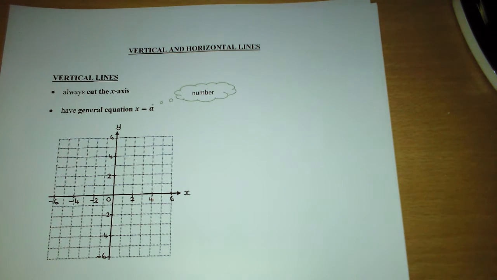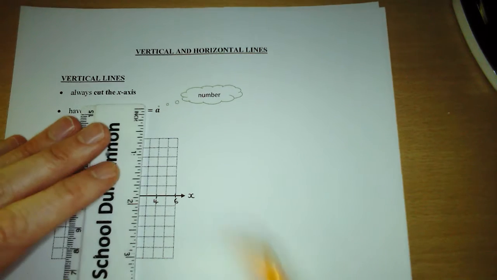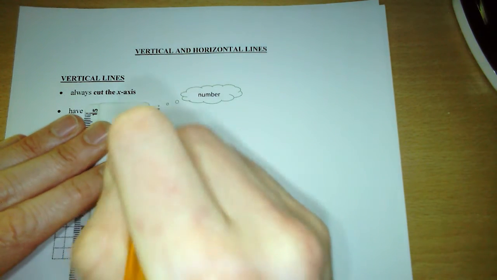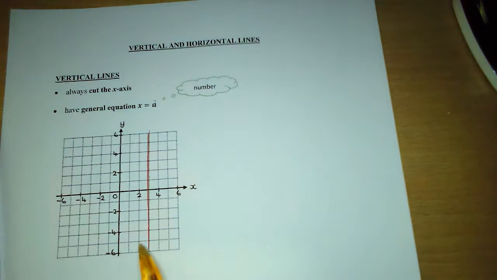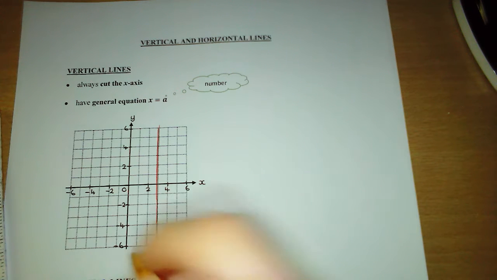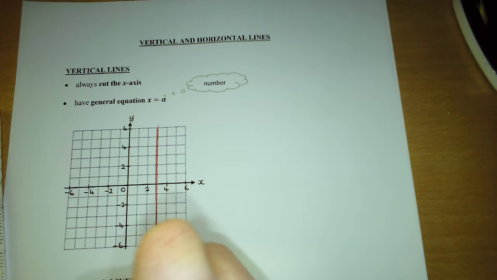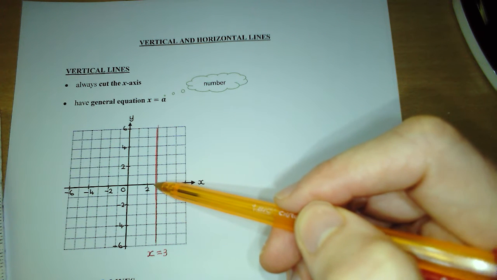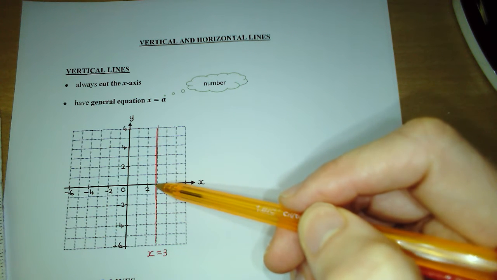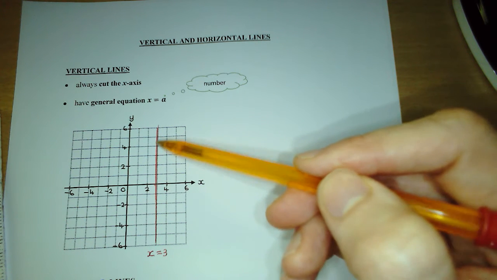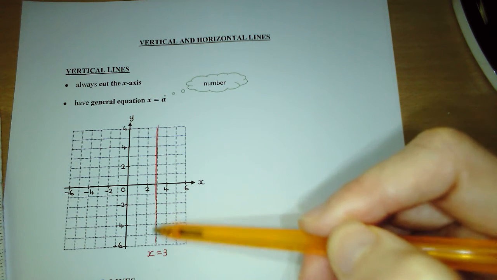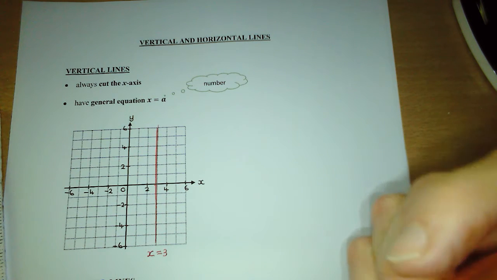So for example, if I were to rule a vertical line at this position, then that vertical line would have the equation x equals 3. And the reason it's x equals 3 is because that's where the line cuts the x-axis. It cuts at 3. And also, if you take any point on this line, all of those points have an x-coordinate of 3.